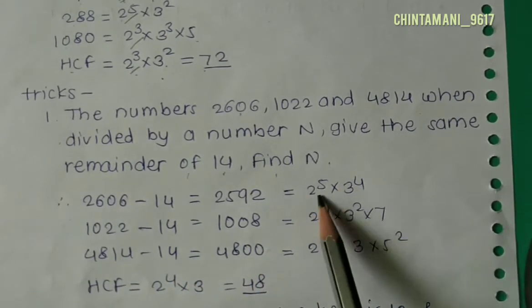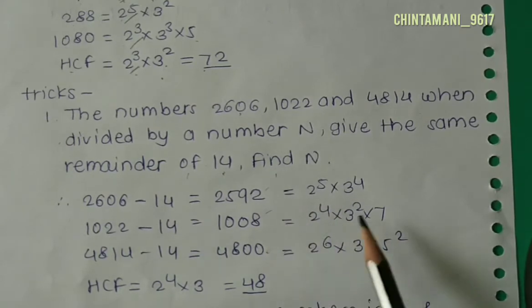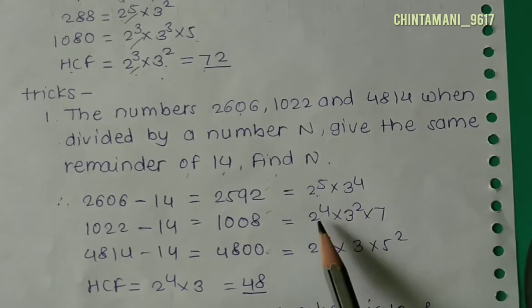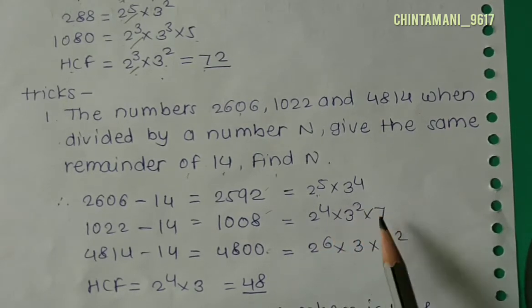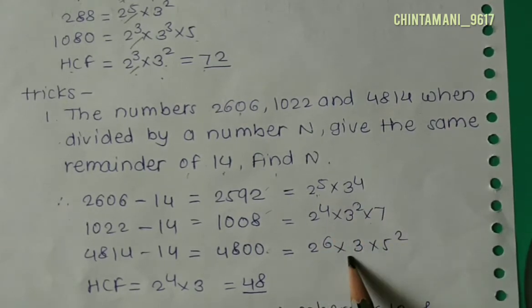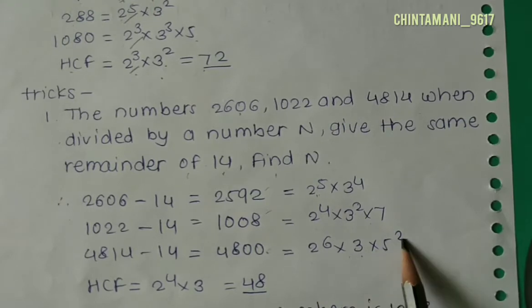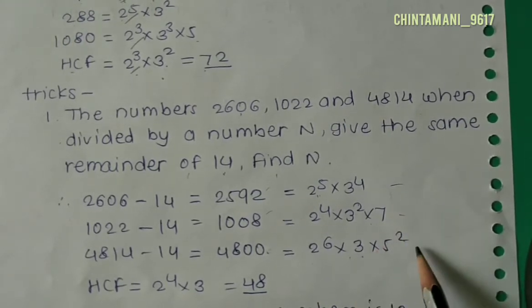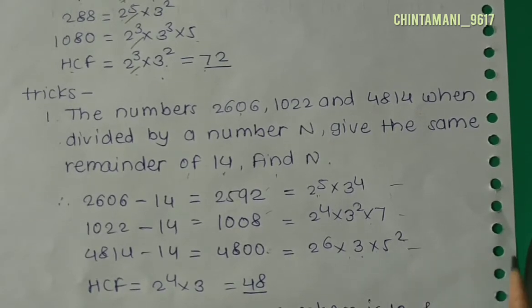So we will just factorize these three numbers: 2 raised to 5 into 3 raised to 4, 2 raised to 4 into 3 raised to 2 into 7, and 2 raised to 6 into 3 into 5 raised to square. After finding the highest common factor from these three numbers, we get 2 raised to 4 as one common factor and 3 as another common factor.